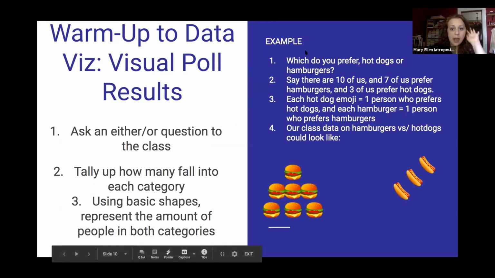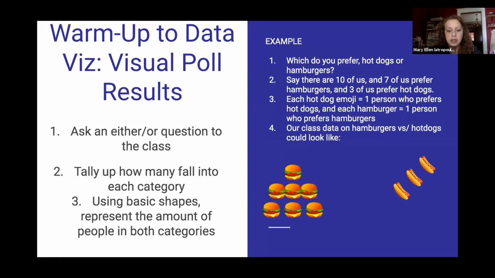Okay, so here is our first concrete activity idea, which is to warm students up into thinking about what data visualization is. We have a visual poll results activity. So what we would suggest that you do, and this would be a very intro level, fun and easy warm-up activity, and it works great for conducting virtually, as many of us face uncertainty about whether we're going back to classrooms virtually or in person this fall.